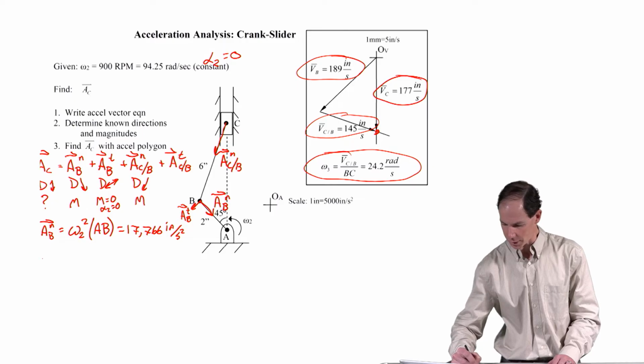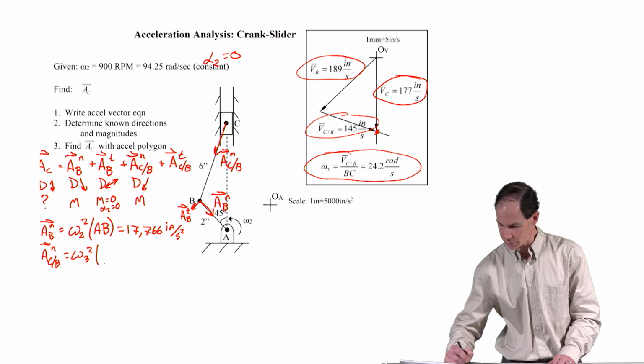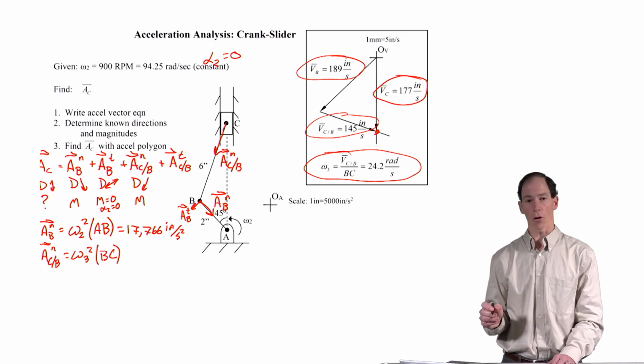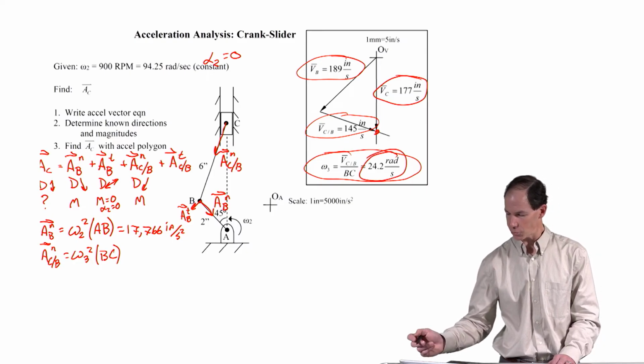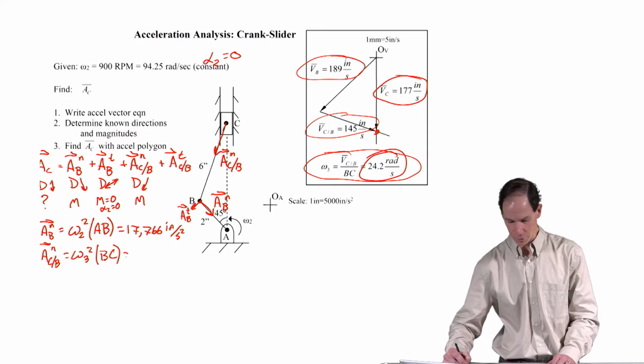I'll just write it out right now. The acceleration of C with respect to B, normal, is equal to omega 3 squared times the distance from B to C. Remember, omega 3 was calculated from the velocity analysis, so that was 24 radians per second. I'm going to multiply it by the distance from B to C, which is 6. As I multiply these out, I end up with 3,504 inches per second squared.